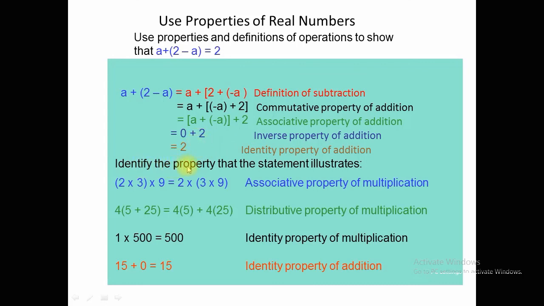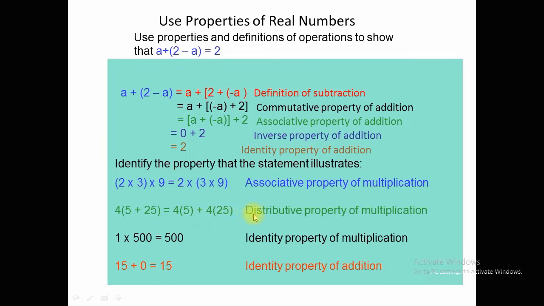Now identify the property that each statement illustrates. 2 times 3 times 9 is equal to 2 times 3 times 9, grouped differently. This is the associative property with respect to multiplication. Now 4 times the quantity 5 plus 25 is equal to 4 times 5 plus 4 times 25.